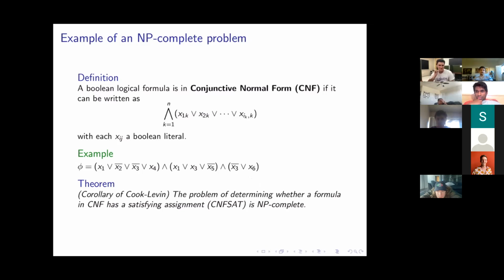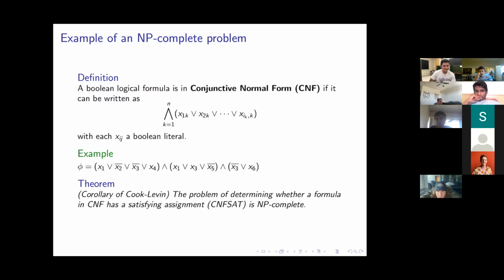This is a corollary of the Cook-Levin theorem. Cook-Levin proves a slightly more general result about logical formulae. But this problem of looking at a CNF formula and determining if there's a satisfying assignment, I will call the CNF-SAT problem. And it turns out to be NP-complete.